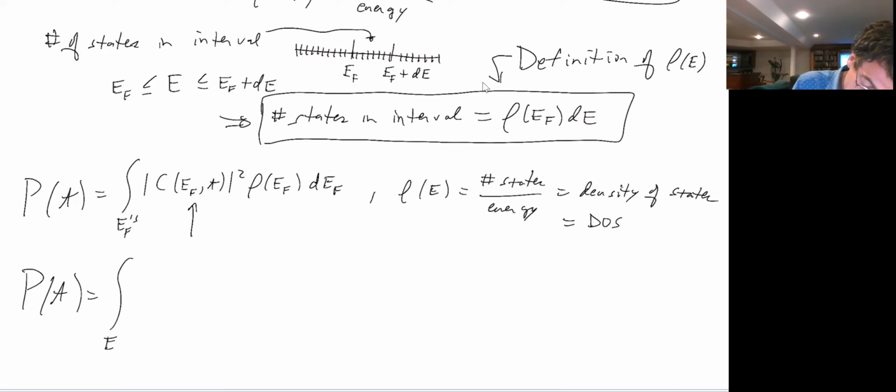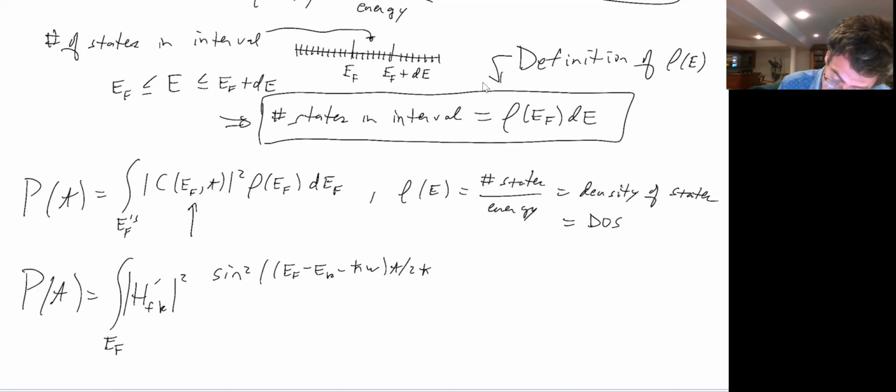It's the integral over all possible EF, and we know the formula is just going to be the matrix element that links the initial state to the final state, squared, of the perturbation, times sine squared of (EF minus EK minus H bar omega) times T over 2 H bar, divided by (EF minus EK plus H bar omega) squared.